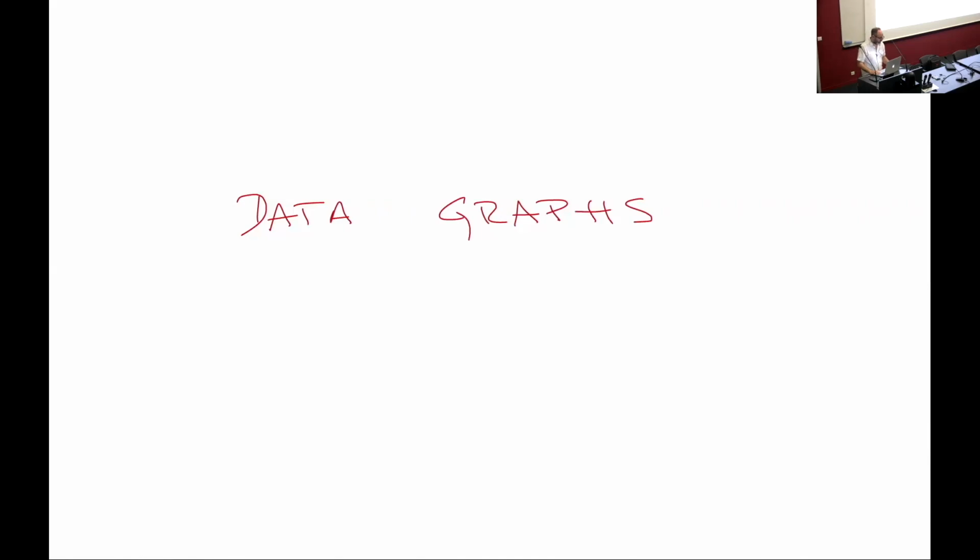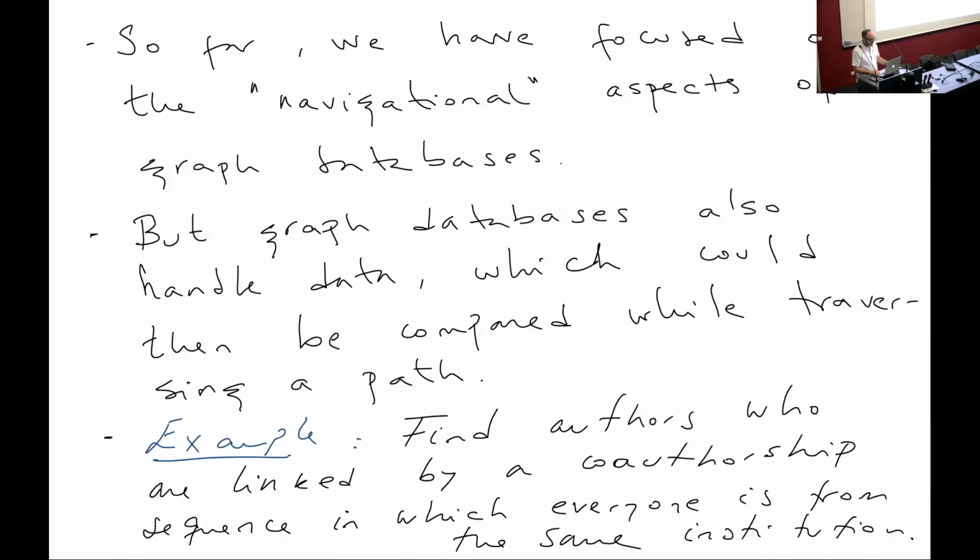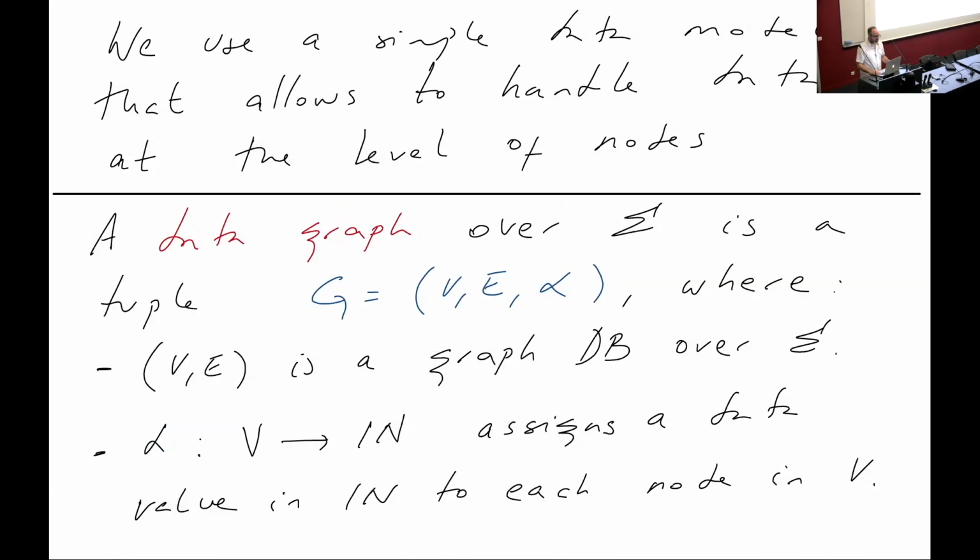We're going to have a very simple extension of edge label graphs, which we call data graphs. So we will use a simple data model that is used to handle data at the level of nodes exclusively. A data graph over sigma will be a tuple G, V, E, and alpha, where V and E is a graph database over sigma as before, and alpha is a function that assigns a bit of data to each node.